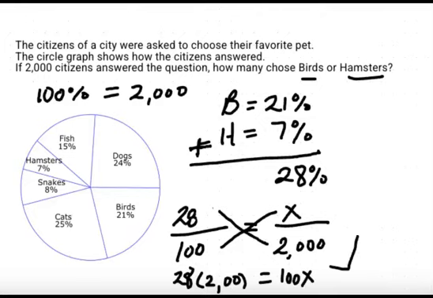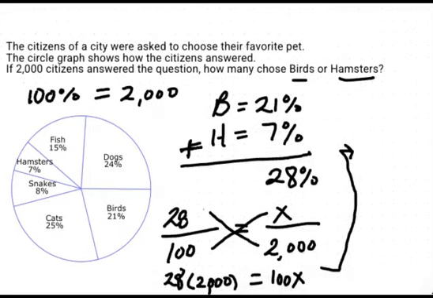I'm going to go ahead and finish my work right up in this zone right there. Oops, it needs to be 2,000, not 200. Okay, that leaves us with 56,000 equals 100x.